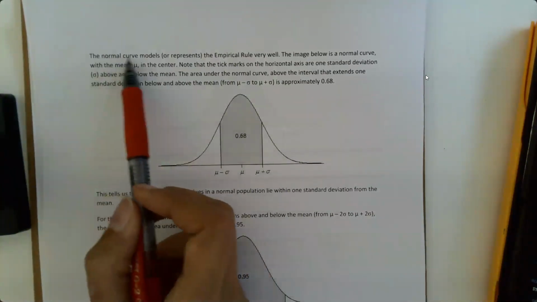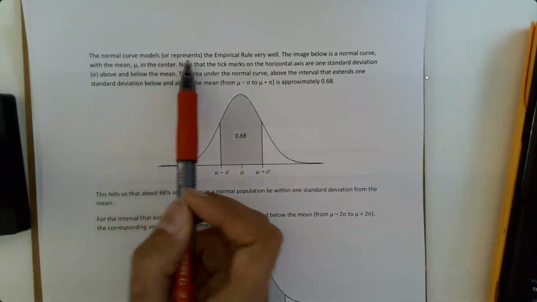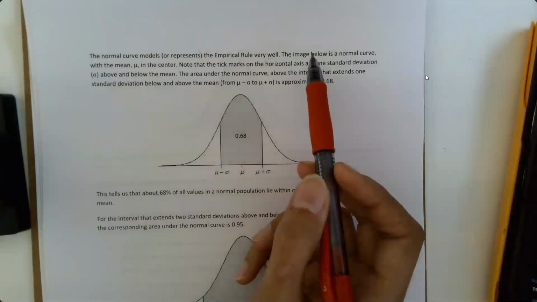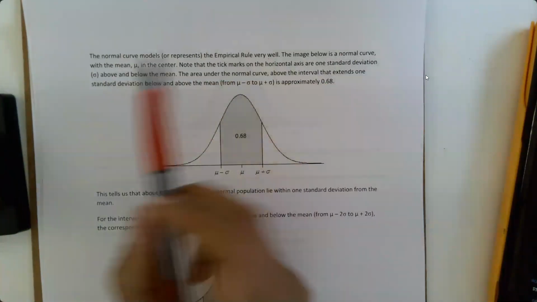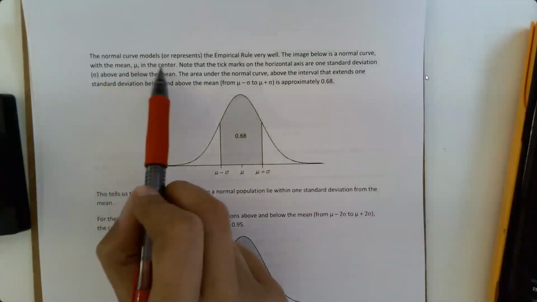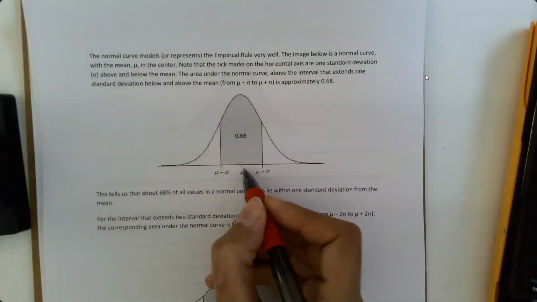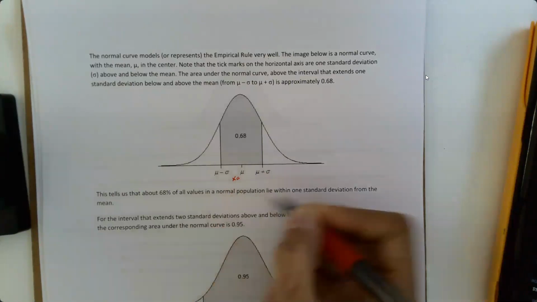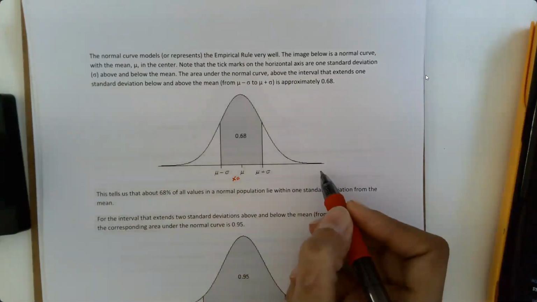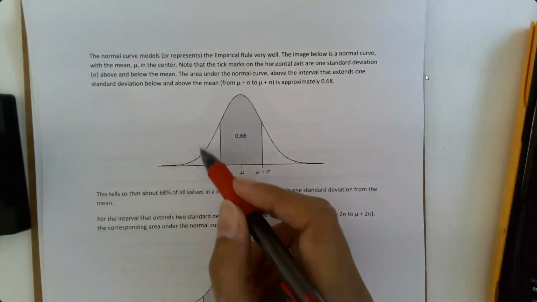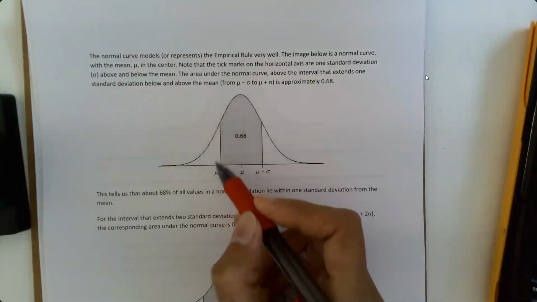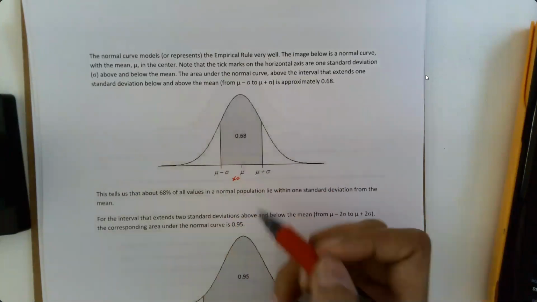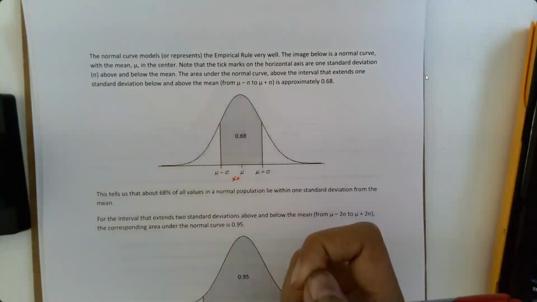The normal curve models or represents the empirical rule very well. The image below is a normal curve with the mean mu in the center. So this is your center. Here your x is equal to the mean. Again, on the horizontal axis, you have your x values, and these are all representing those little bars, the relative frequencies or probabilities.